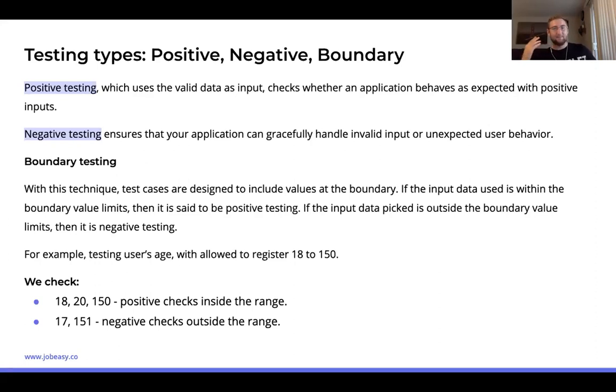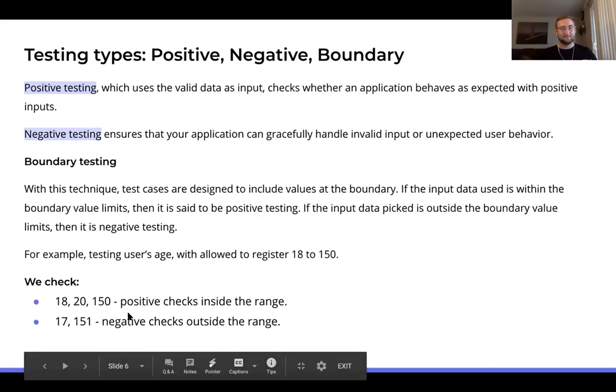So the boundary testing would be to check if you're 18, maybe if you're 150, maybe there's going to be a boundary about what your maximum age can be in order to proceed or to register. So boundary testing would be to check those boundaries. And this is an example.